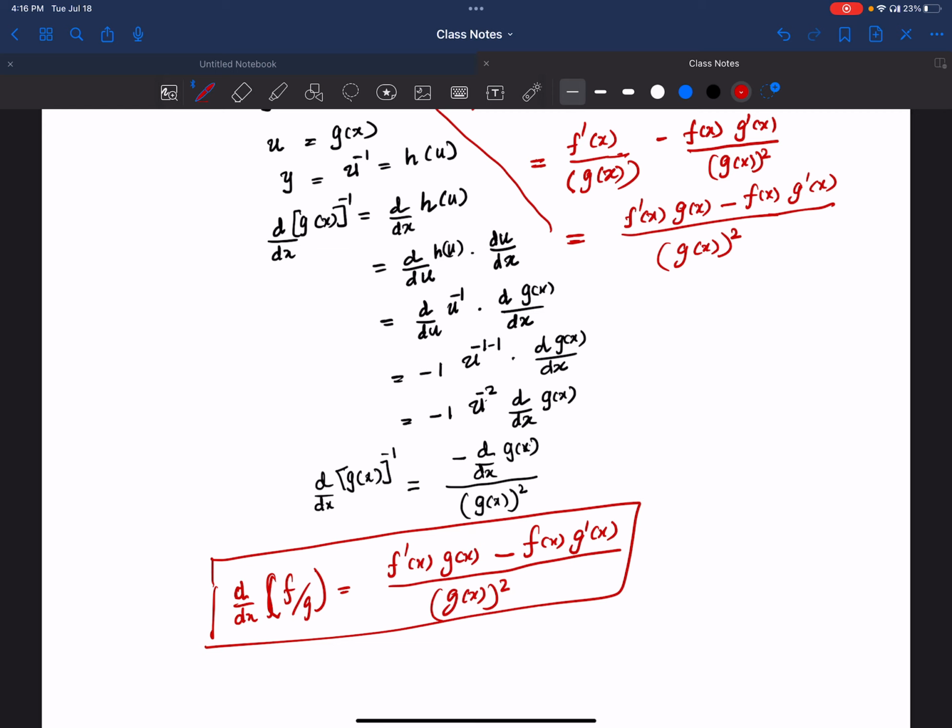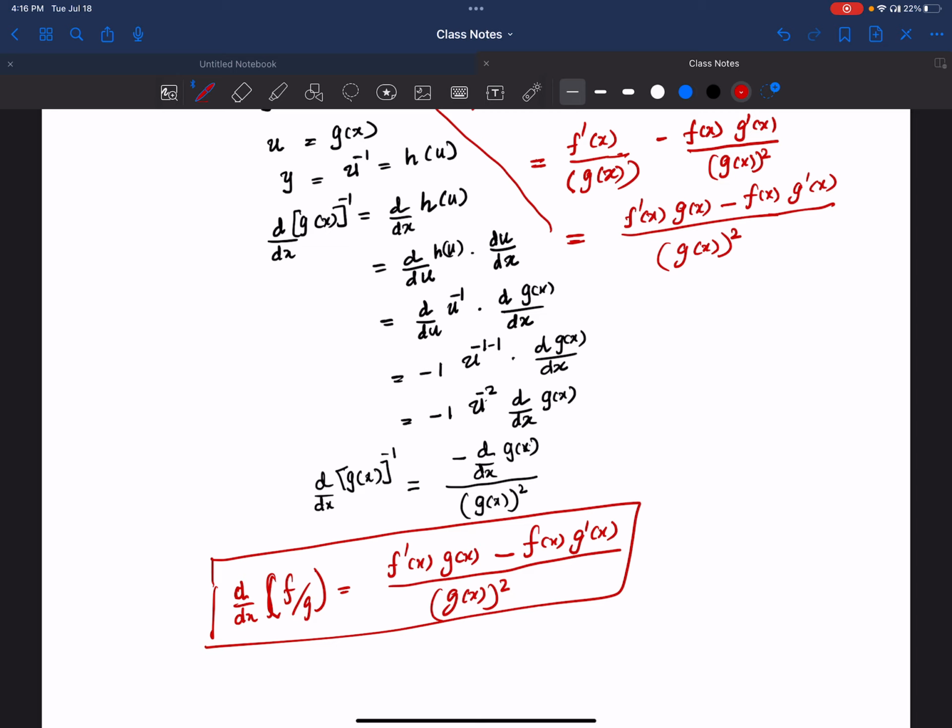Now you should be able to use the quotient rule and the product rule as well as the chain rule. There's another way that you can prove the quotient rule as well, but you can do it whichever way you want.